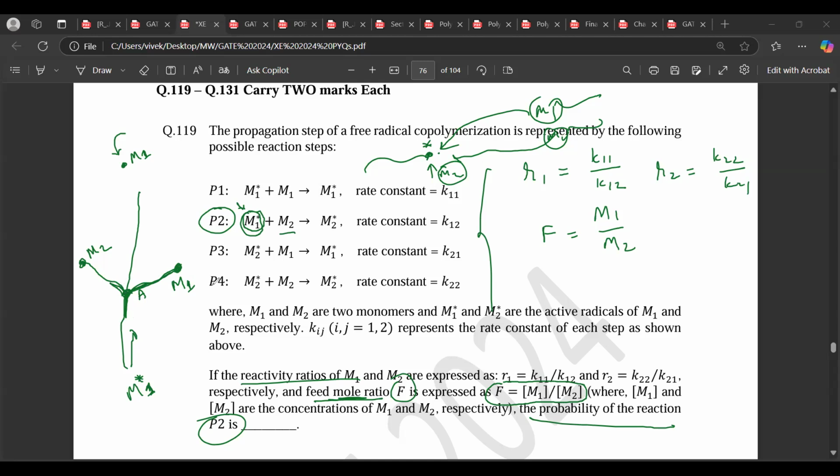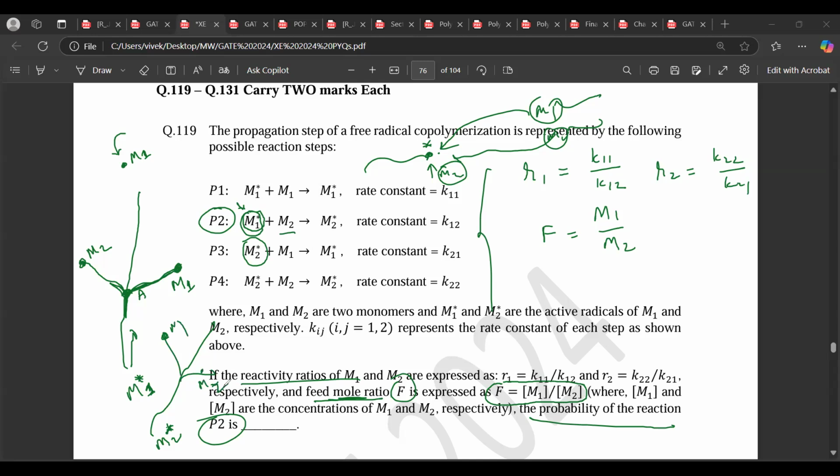Okay, now in the later stage, there is another path, the path of M2 star. M2 star also wants to get its moksha. M2 star wants to react with M1, M2, whatever, to transfer that radical, right? So it also gets M1 and M2 at some point on the path, right?